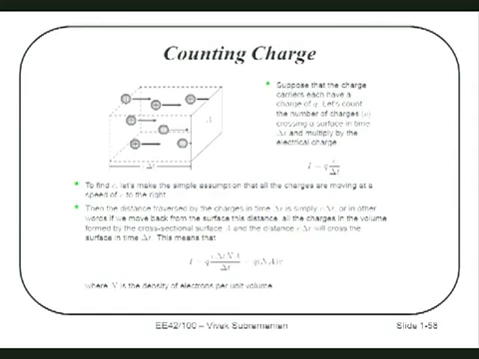N gives you the number of electrons per dimension. So 1, 2, 3. And A gives you the area of the plane. Because N is defined as electrons per unit volume. Current is measured with respect to a plane.